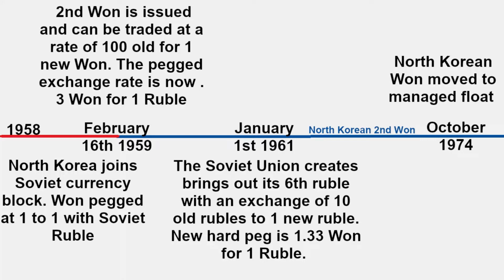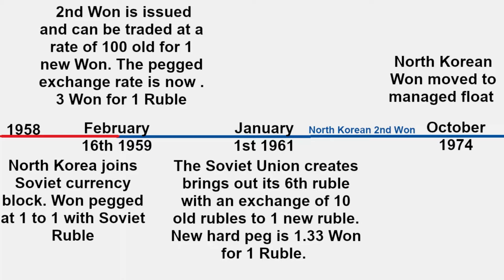And so now the hard peg was 0.3 second won to 1 USSR ruble. However, on January 1st, 1961, the Soviets came out with the new Soviet ruble, which was traded 10-to-1. You had to trade in 10 of your old won to get 10 of the old rubles to get 1 of the new rubles.